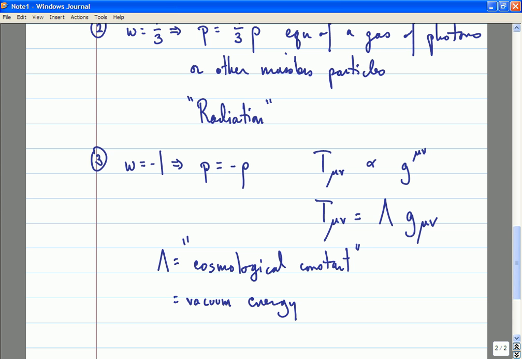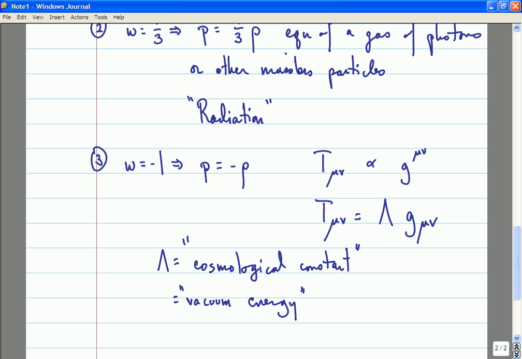I've also referred to this constant as vacuum energy because we often think of this type of matter as a property of spacetime itself. The reason why it will be called vacuum energy will become very apparent, probably not this class, but next class.